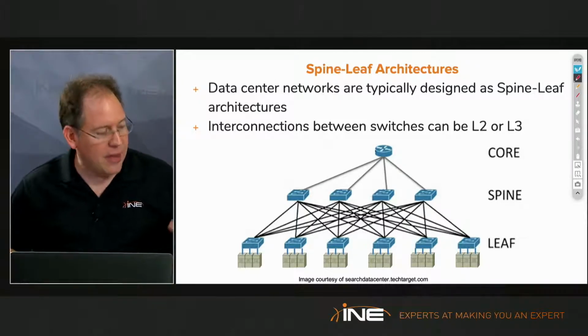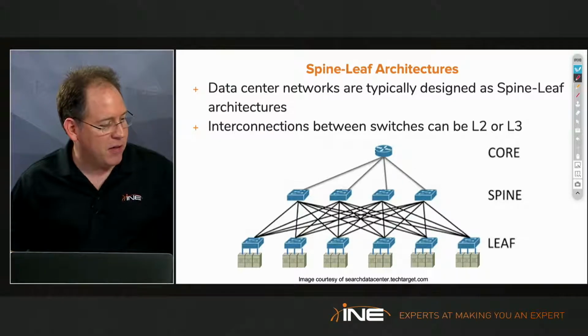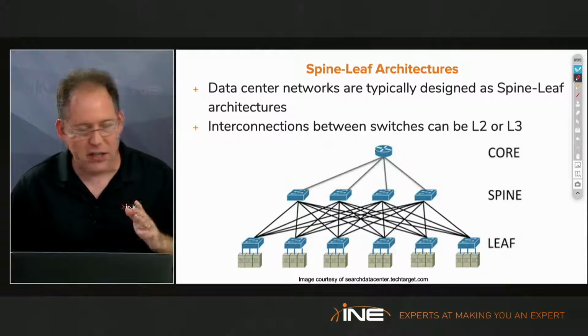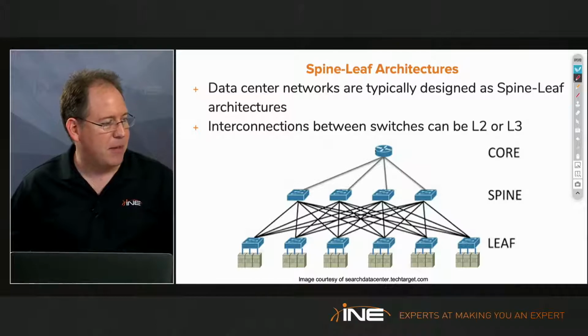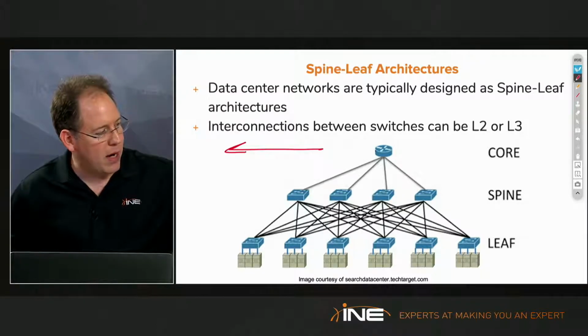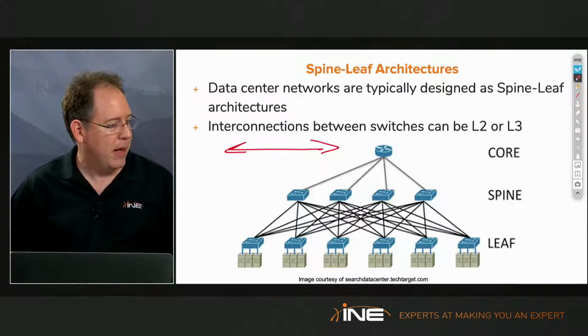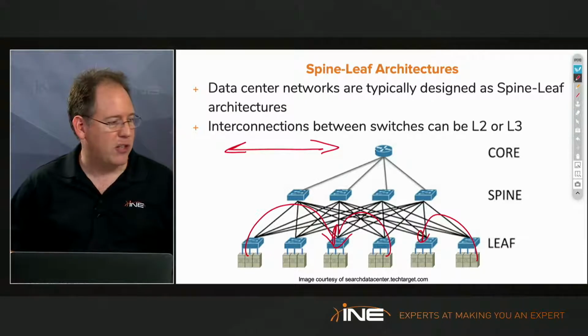And then lastly, notice multiple redundant connections here. Every switch on the bottom has a connection to every switch on the top. The idea here is that this type of spine leaf architecture is best suited for what they call east-west traffic. In other words, traffic that's going like this, or like this, or like this. This is considered east-west traffic.